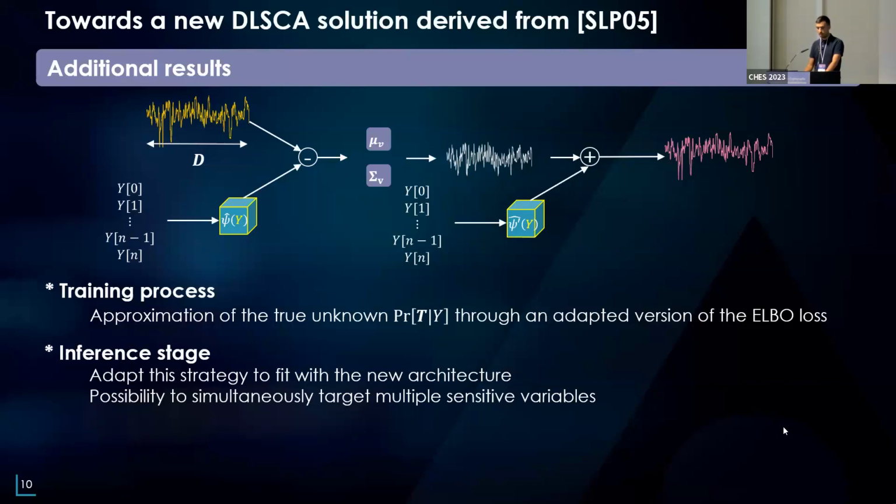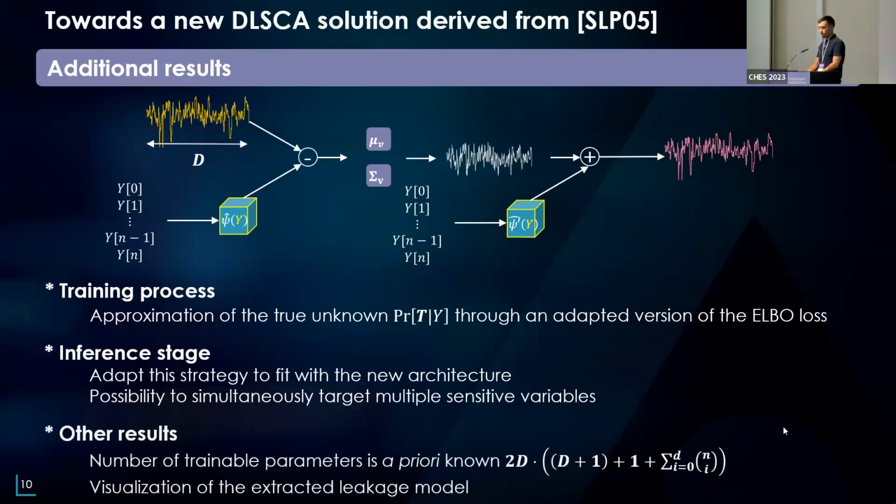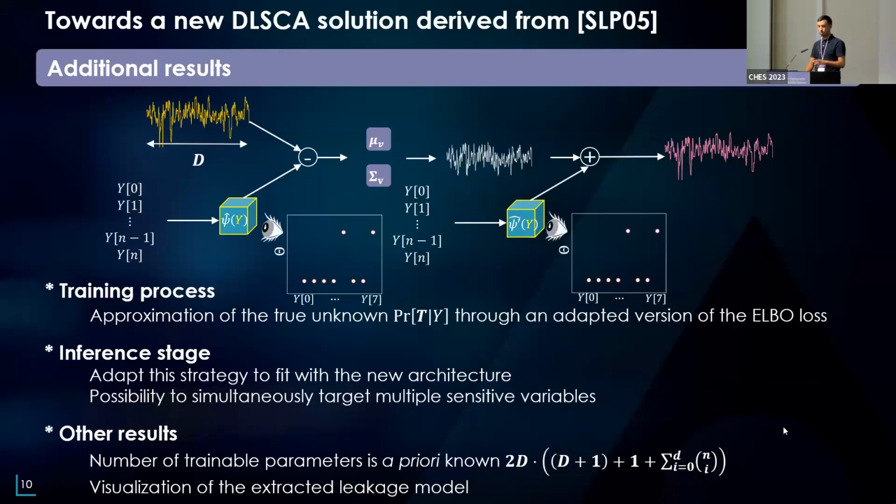And finally, thanks to the work provided by Schindler and his co-authors, we can also use visualization techniques such as weight visualization in order to clearly understand what is the leakage model extracted by the neural network. In particular, if we look at the weights related to those both layers, we're able to first identify which time sample leaks information.